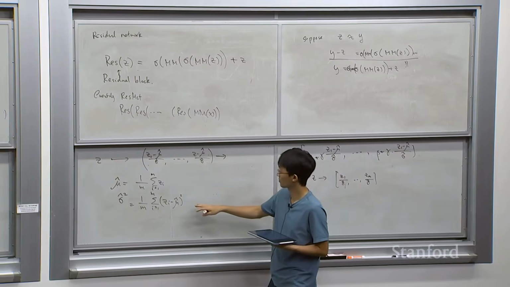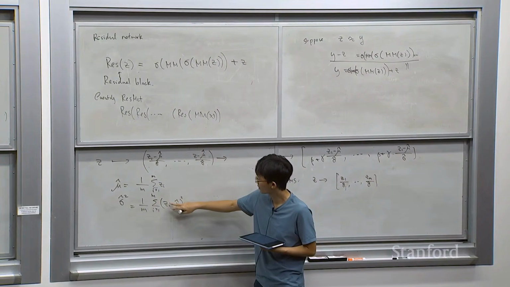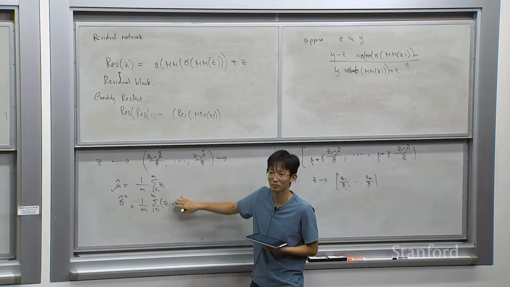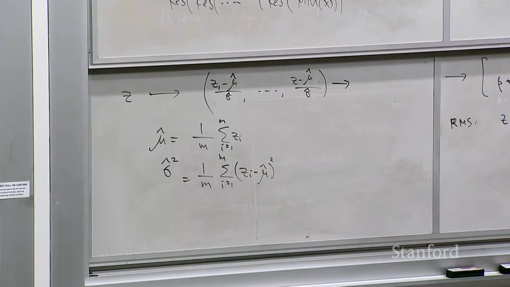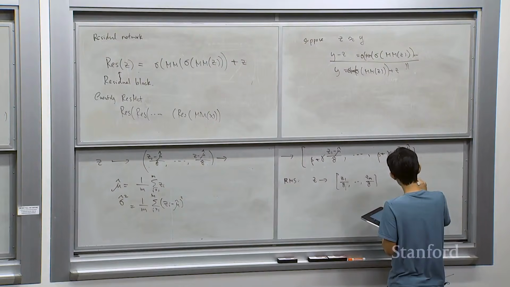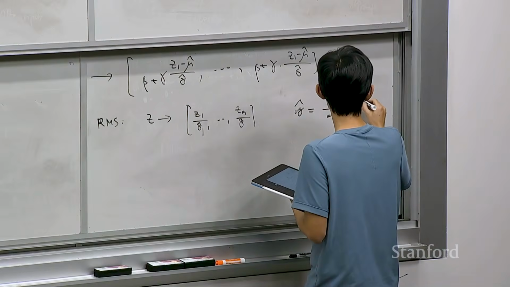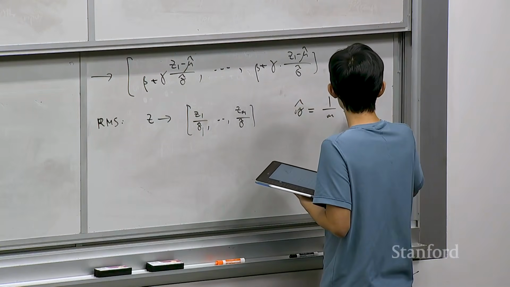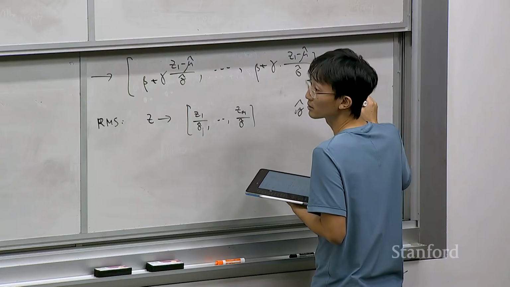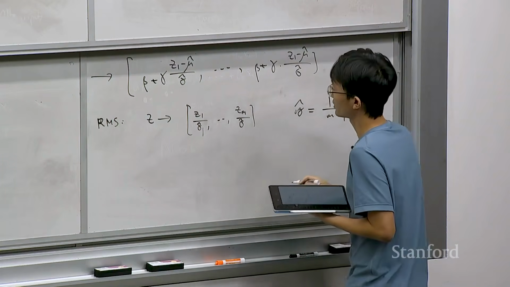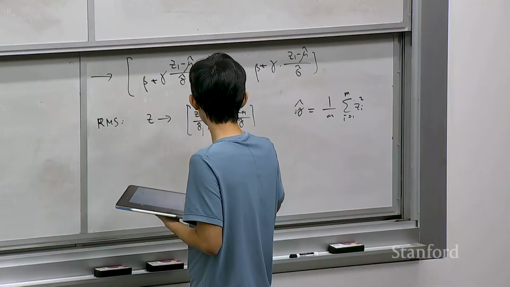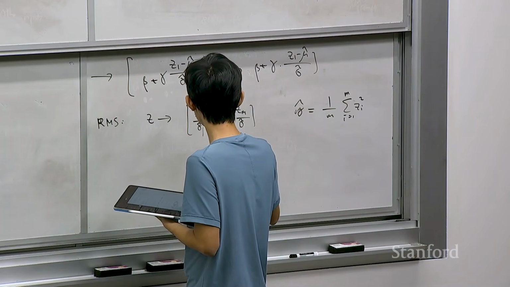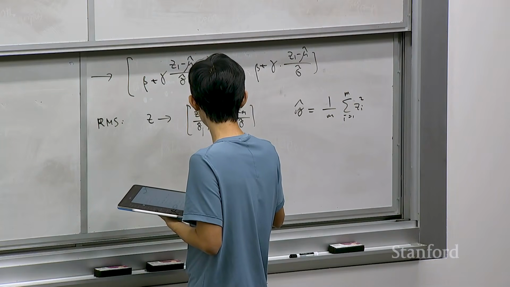You don't subtract the mean when averaging, so sigma hat is something like the square root of 1 over m times the sum of zi squared. And then you still do the beta thing: you turn this into beta plus z1 over sigma hat.